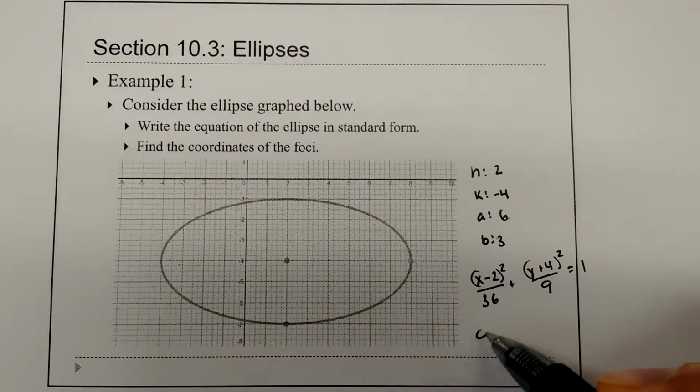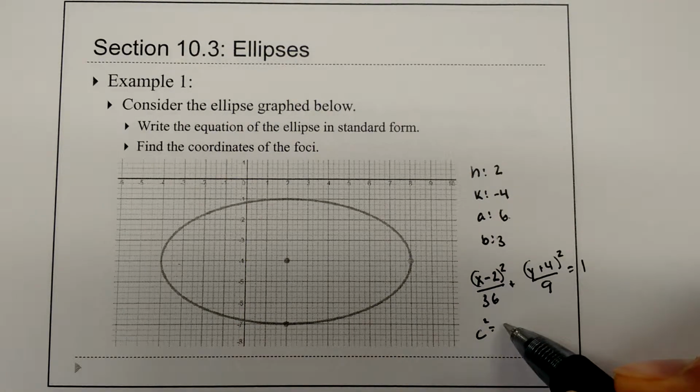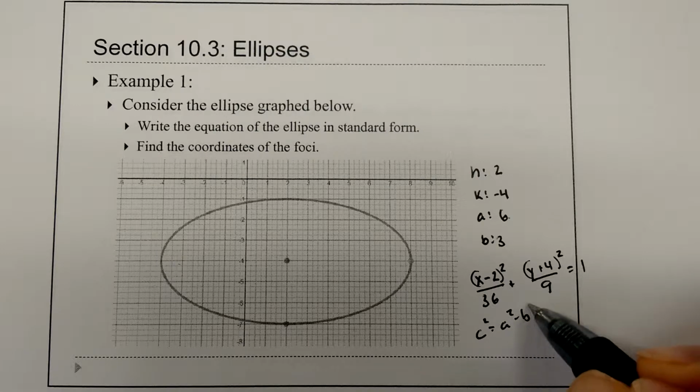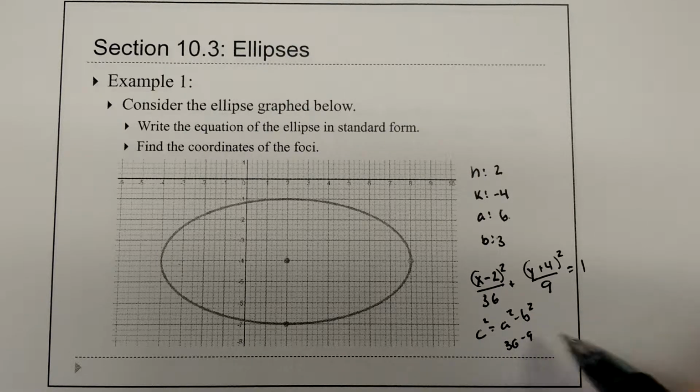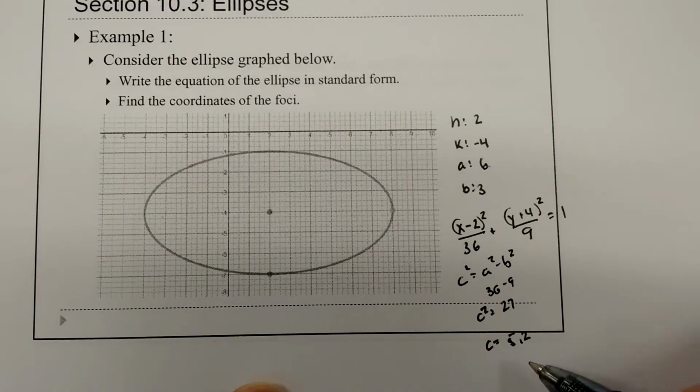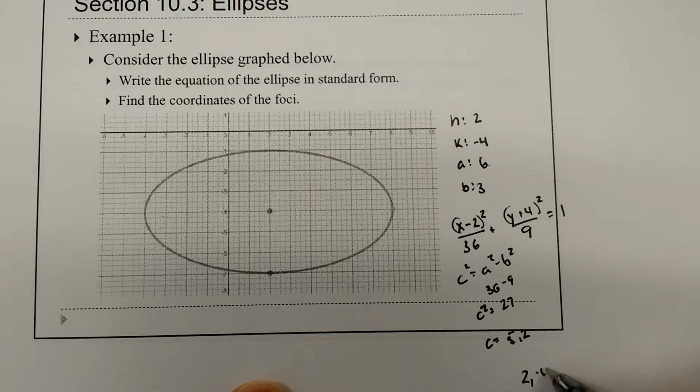So the foci you find by doing c squared equals a squared minus b squared. That's going to be 36 minus 9, so that's 27. So c is the square root of 27, which is 5.2. Since this thing runs left and right, we're going to take our center point, (2, -4), and to the x value, we're going to add c and subtract c.